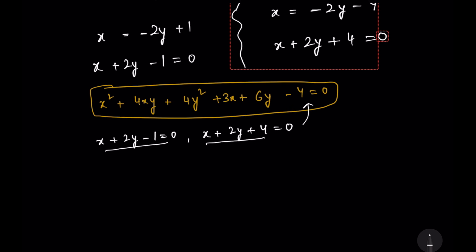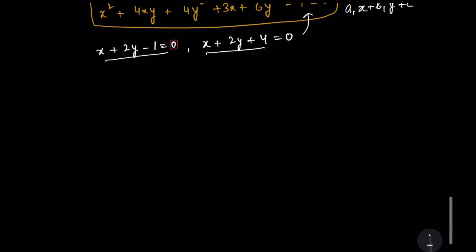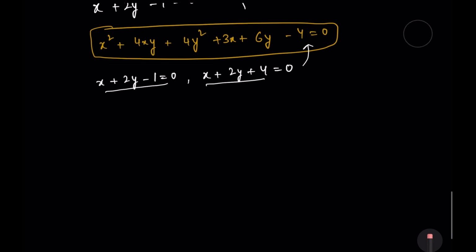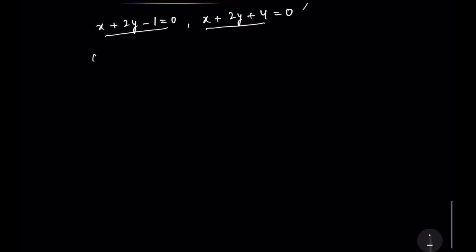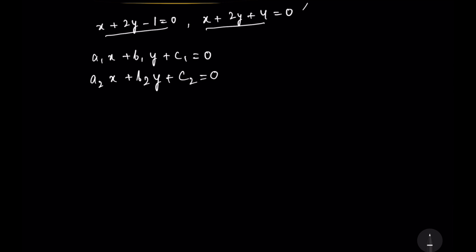Yes, these two are parallel lines because they have the same slope. Say, for example, a line is given by a1x plus b1y plus c1 equals 0, and another is a2x plus b2y plus c2 equals 0, correct, students?